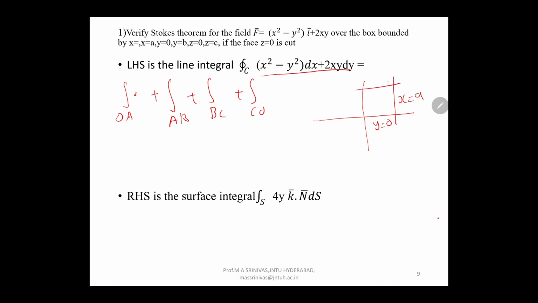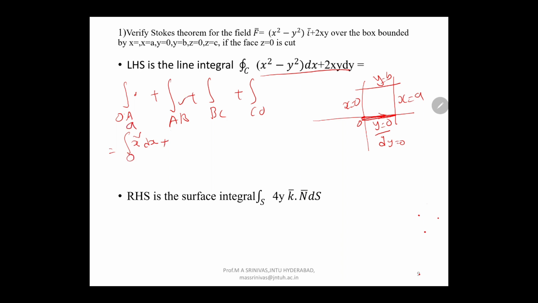This equation is x equal to a. This is y equal to b. That is x equal to 0. First along OA. Along OA y is 0, then dy is also 0. So for this, dy is 0, y is 0. The only thing you will get is x square dx. What are the bounds for x? The bounds are from 0 to a.